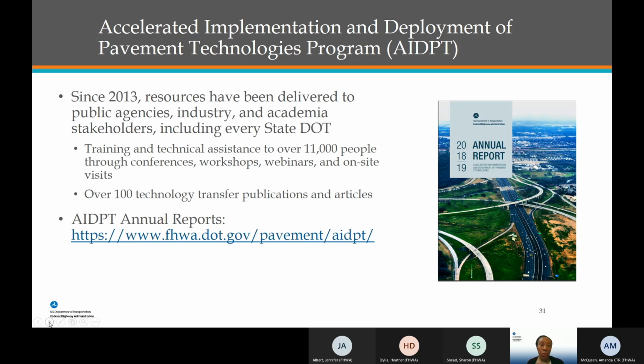Next slide, please. So since 2013, when the program was first initiated, we have delivered resources to public agencies, industry, academia, in every state. We've done training, technical assistance, workshops, webinars, and publications, you name it, we've done it. If you have any questions or you want more information, as a part of the requirements for the program, we do publish an annual report. I think right now we have 4 annual reports available.